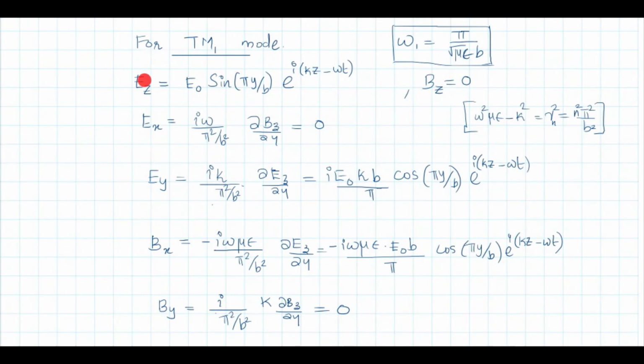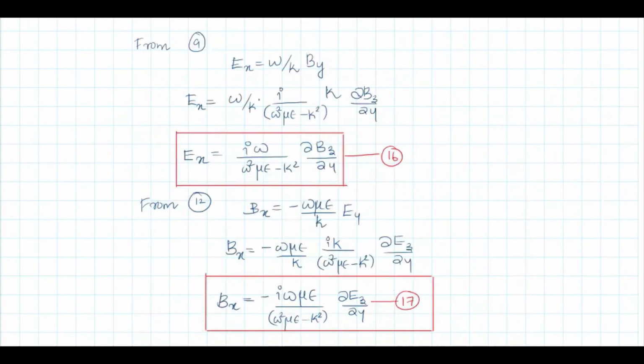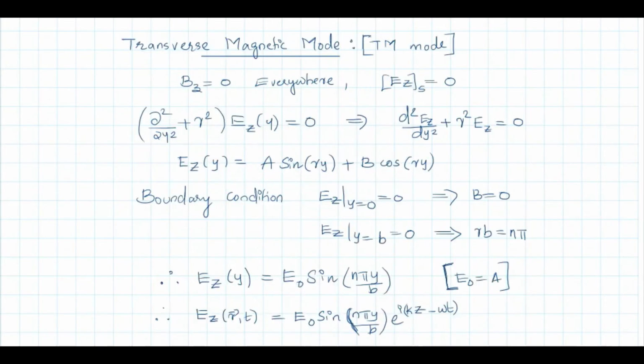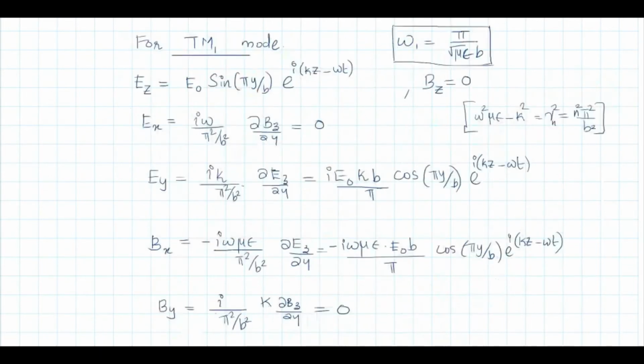Now from Ez you can find Ex from equation 16. Ex is in terms of Bz, but Bz is 0, so you will get Ex as 0.